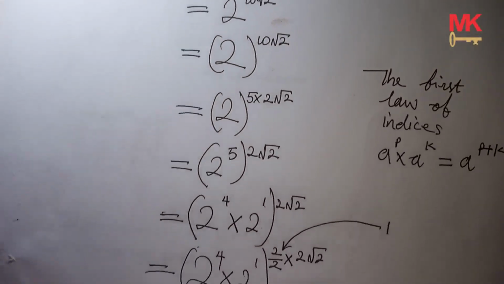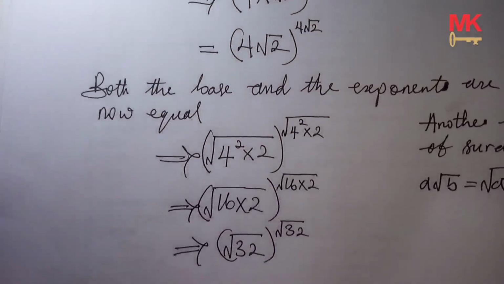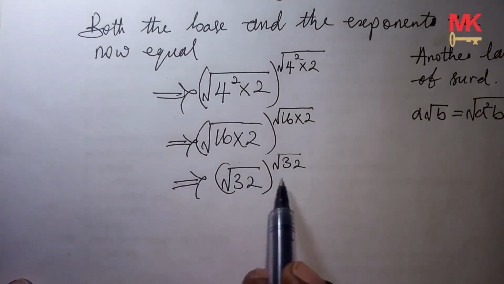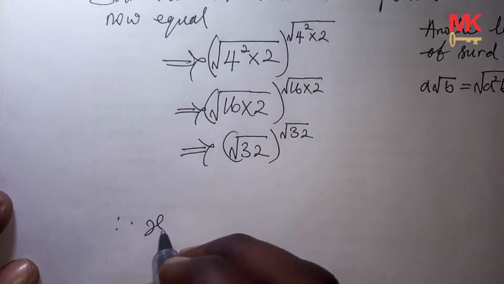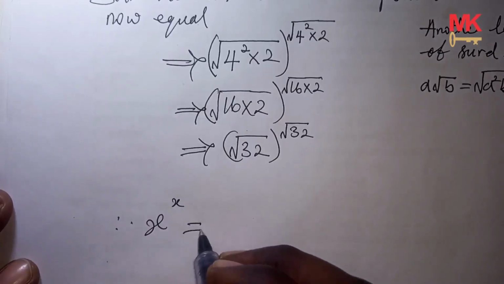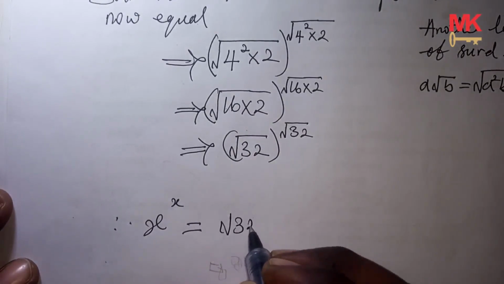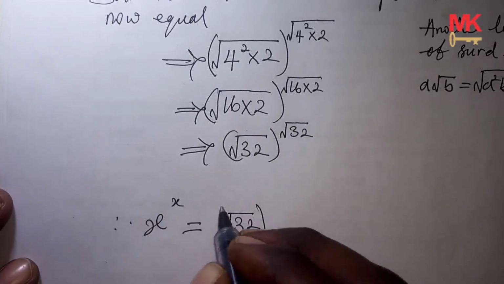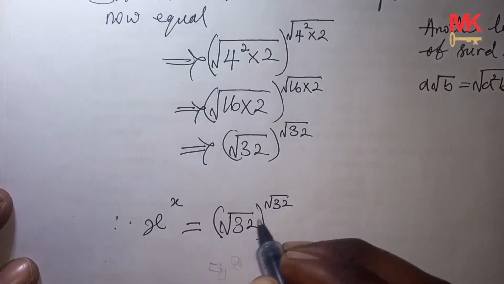Therefore x raised to power x is equal to root 32 raised to power root 32.